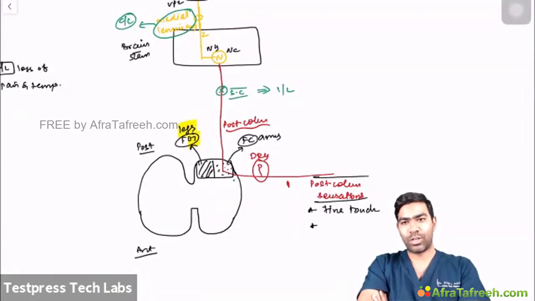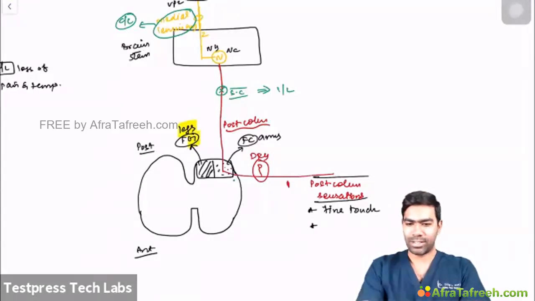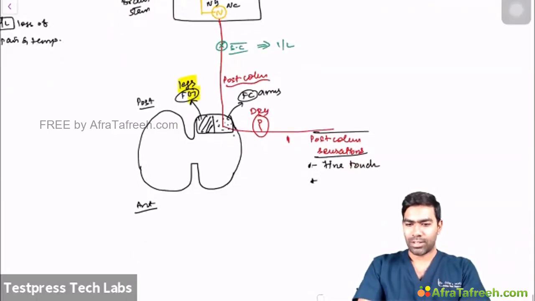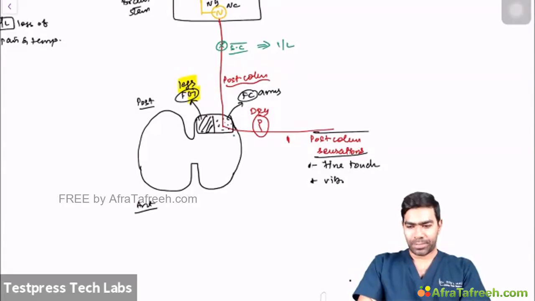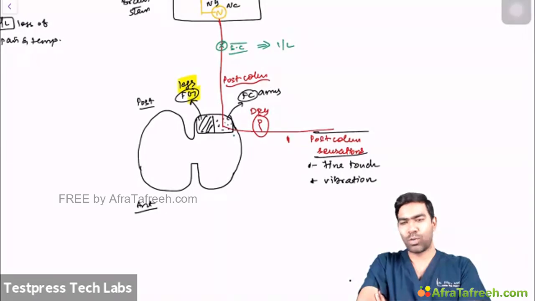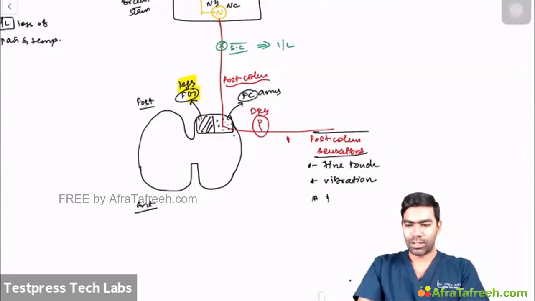After fine touch, what sensation do you need to understand? What are the other sensations? Vibration. Okay. Once you have finished your fine touch, then you move on to vibration.